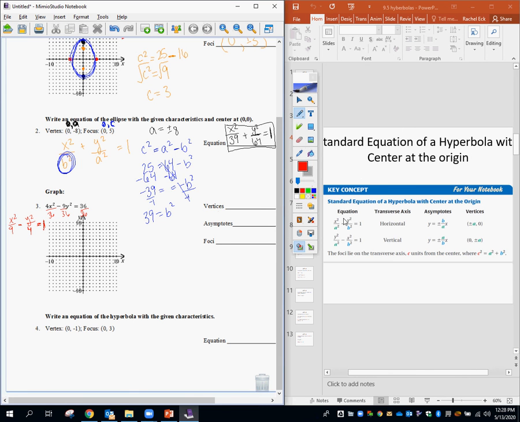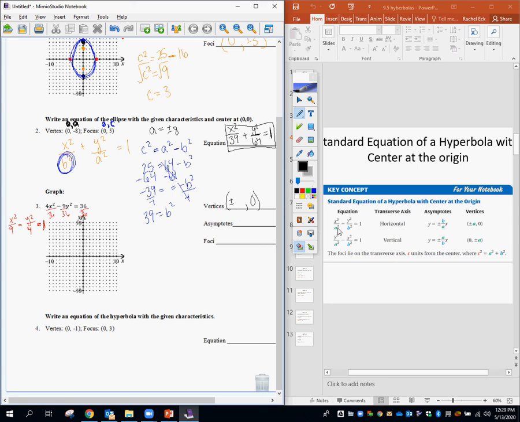So now we're on a new chart, and a hyperbola has a subtraction sign in between. There are two different types of equations, if it's x squared minus y squared, or if it's y squared minus x squared. So our particular equation is a horizontal hyperbola. In this equation, we can find the vertices at positive and negative a, comma 0. So we need to know what a is.